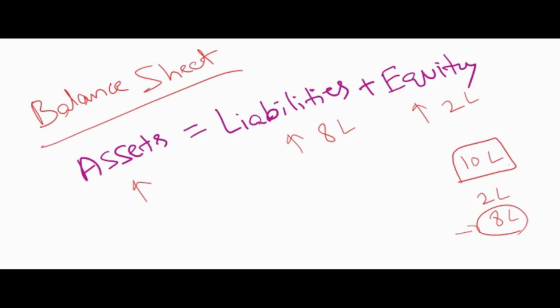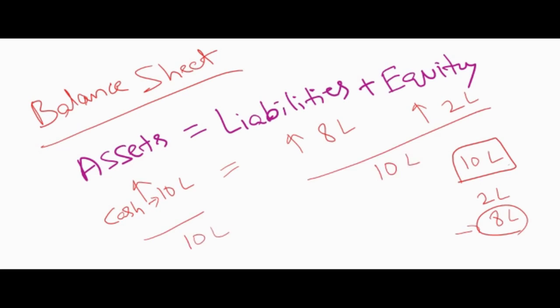Using this total of 8 plus 2, 10 lakhs, you may be investing in your business. So this is the total cash as an asset you got into the business. So 10 lakhs equals 8 plus 2. You will always have both sides equal in value on the balance sheet. So this is a brief about the balance sheet.